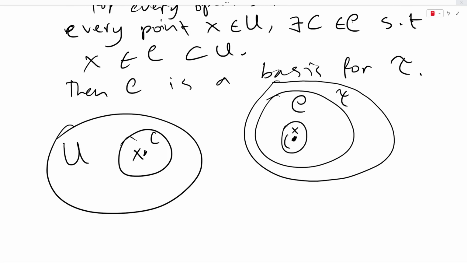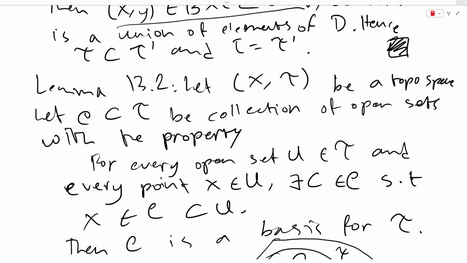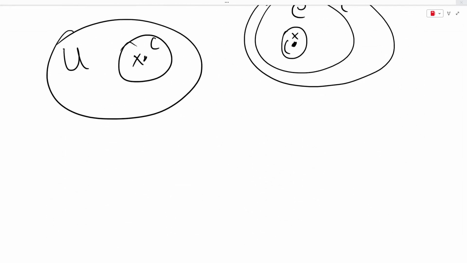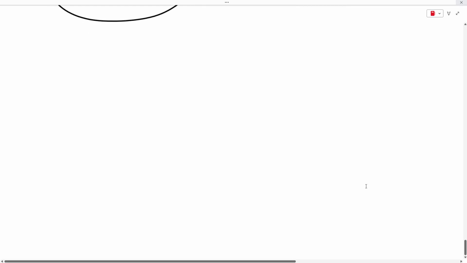You can also have another C here. You can have two sets and x could be lying here, and this is just the intersection property of a basis. I hope that makes sense, and we will not prove it here. You can check the book by Munkres for the proof. So now we can move on to the next important thing, that is called projections.